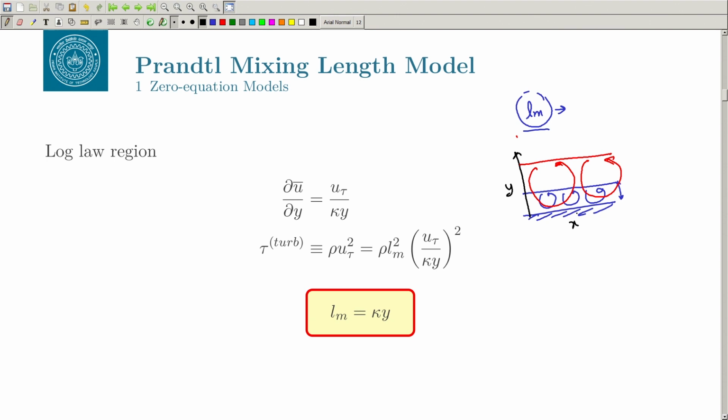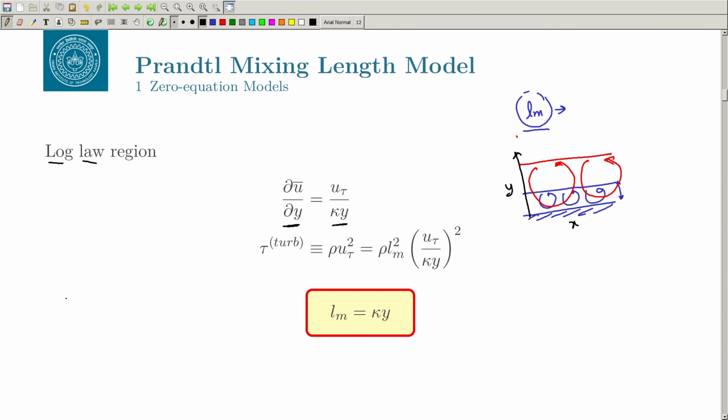Then he made the argument that in the log law region, your velocity gradient is related to u tau by kappa y, that we have seen, and that the total stress is a constant stress layer. At the very beginning it is the viscous stress, then the buffer zone, and then the logarithmic zone, but in all these layers the stress remains constant.